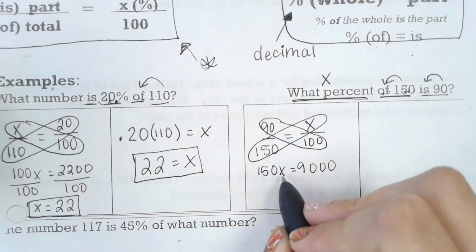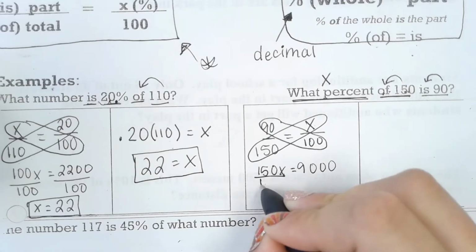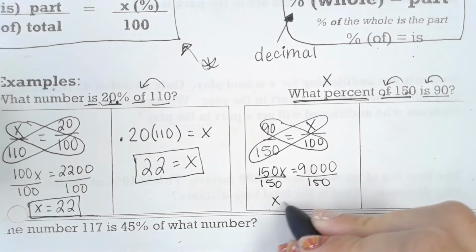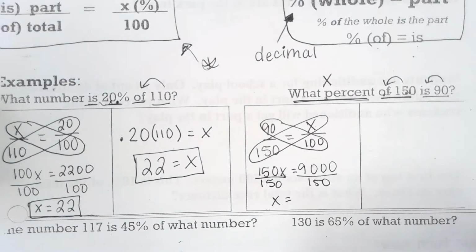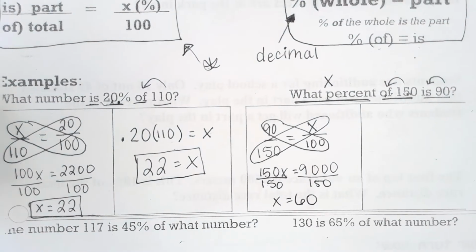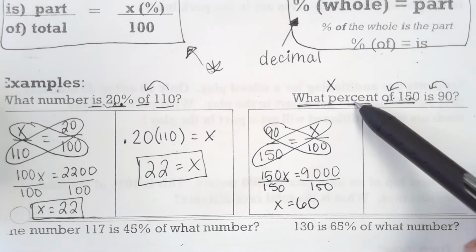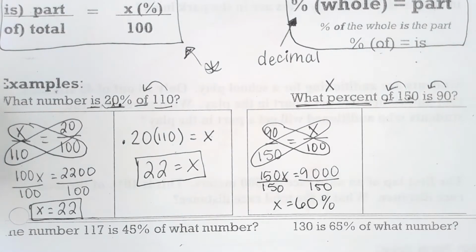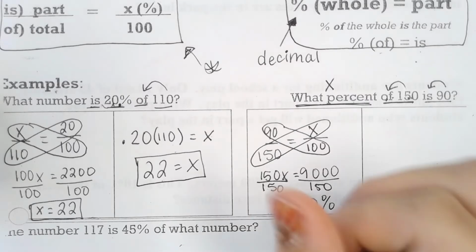Right now, the 150 and the x are multiplying, so the opposite of multiplying is to divide. And if you were to take 9,000 divided by 150, you get x equals 60. And remember, this was talking about what percent, so our value is going to be 60%. And this is my answer.